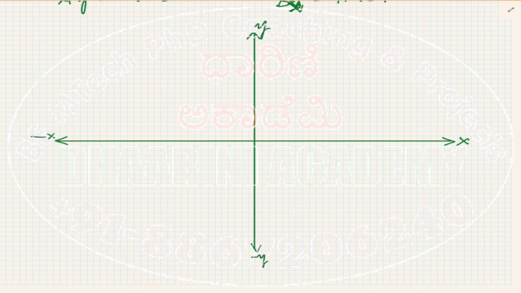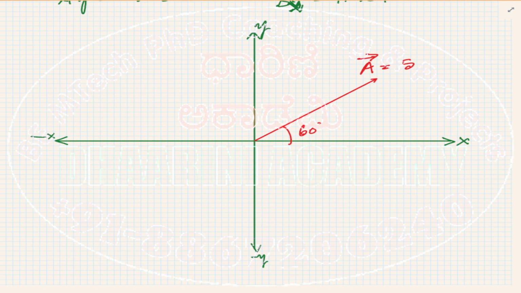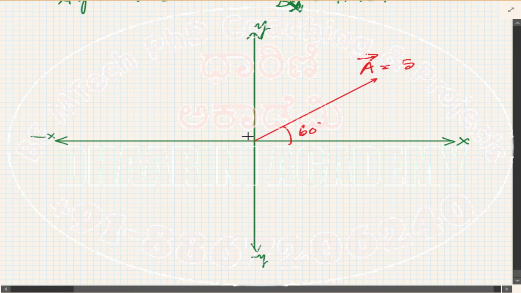So let me draw. This is a normal problem which we solved. Vector a is 5, say angle is equal to 60 degrees. Now I'll go to a different vector in a different quadrant. Say this is the vector b, measurement is 8 and angle is 30 degrees.